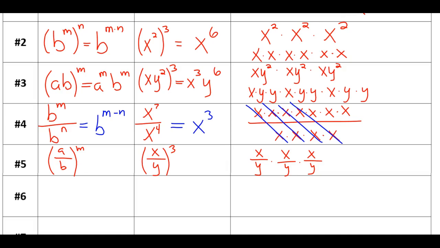If you go back to elementary school, the way we multiply fractions is straight across the top and straight across the bottom. So on the top, we have x times x times x, which is x cubed. And on the bottom, we have y times y times y, that's y cubed. So you can see, ultimately, they both get raised to that power. So our rule is a to the m power over b to the m power.